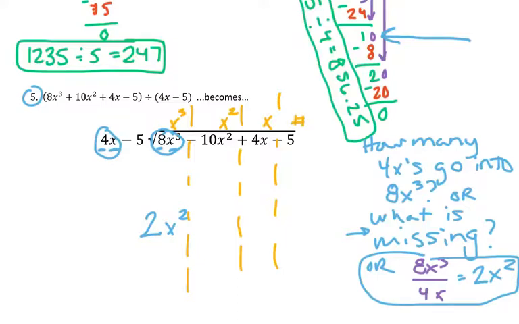The issue is that if you are missing one of these pieces, like let's say this piece wasn't here, you would have to put 0x squared in here because otherwise you don't have every place value. It's like saying the number 1001 all of a sudden equals 11, because those two zeros just aren't there. So we need to put in those 0 placeholders, just in case.